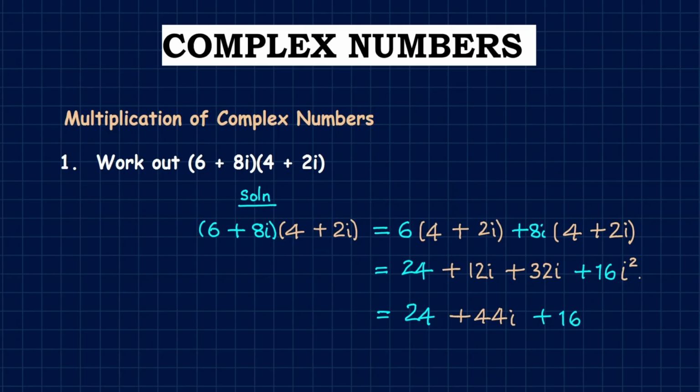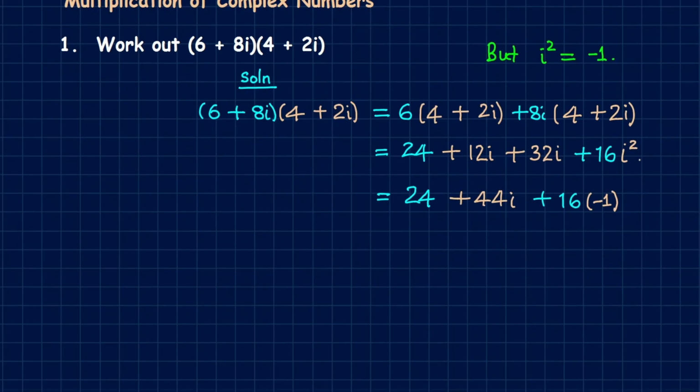And remember, somewhere we learned earlier on that if you are given i squared, this is equivalent to -1. So if that is the case, we're going to replace our i squared here by -1. So let's multiply again. That negative times the positive brings for us a negative.